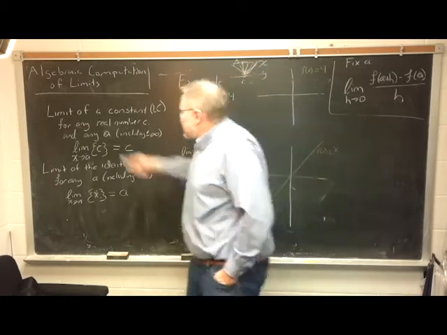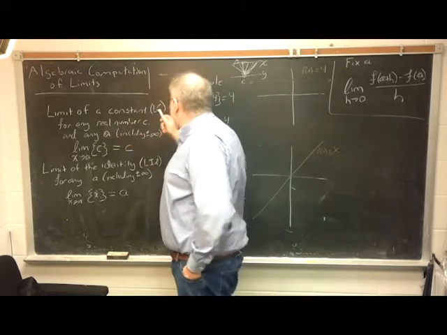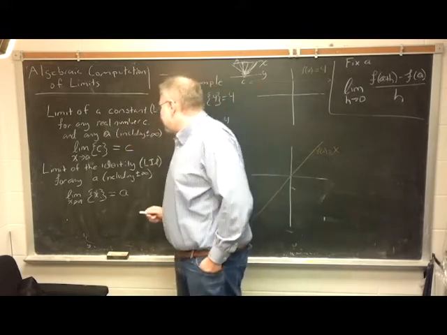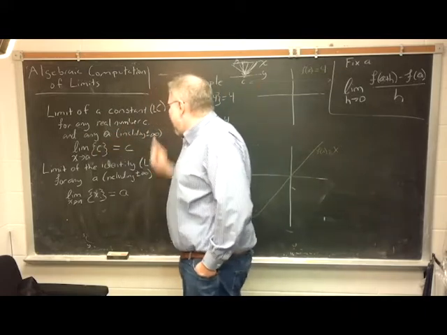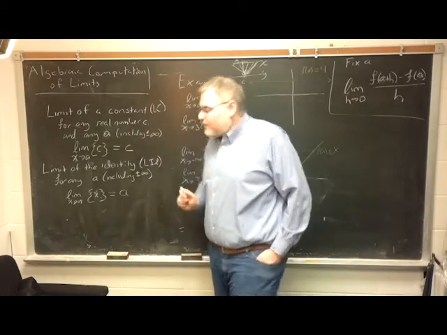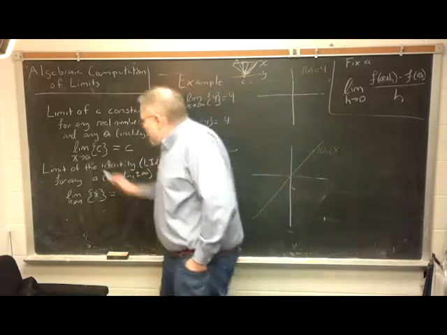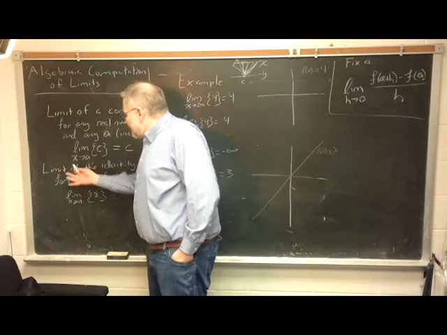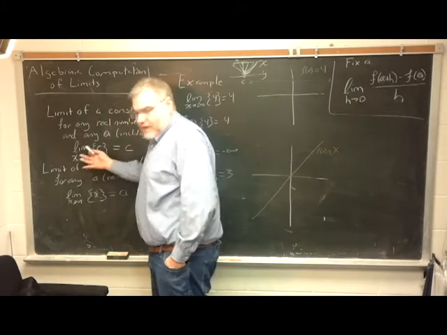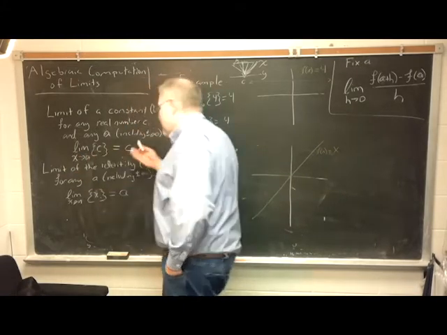So the limit of a constant, for any real c and for any input a, including negative and positive infinities, what goes on around a, the limit as x goes to a of the constant c, is nothing but the constant c.